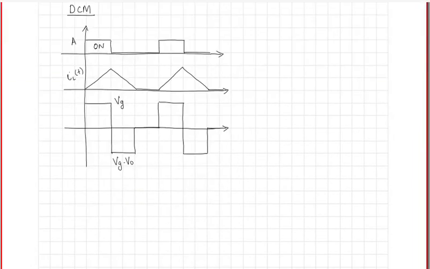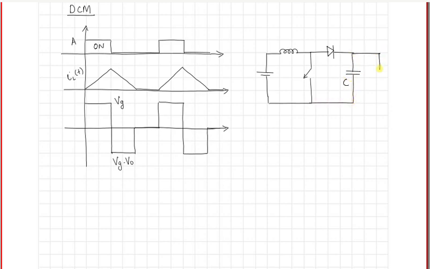So the circuit, when we look at it, the most commonly used form of the boost converter will have this form, where we have a Vg, an inductor, and a switch which can be a transistor, and then here you have a diode with a capacitor and a resistor.